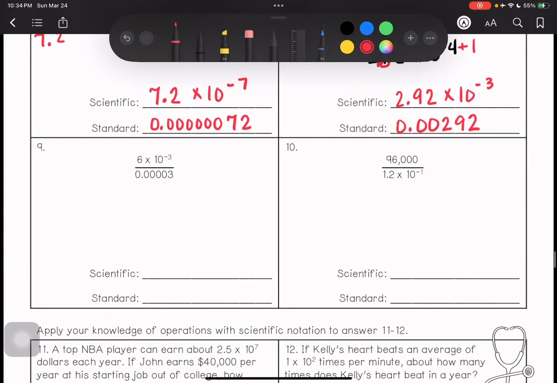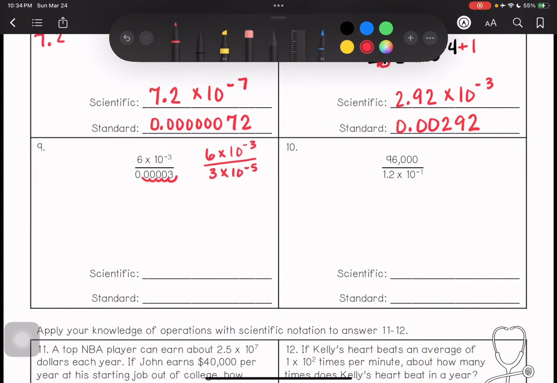Number 9. I'm going to write the denominator in scientific notation. So I'm going to move this 1, 2, 3, 4, 5. So that's 3 times 10 to the negative 5. My numerator is 6 times 10 to the negative 3.